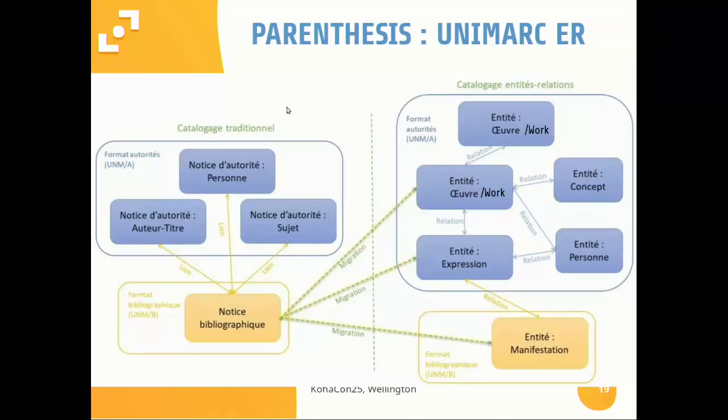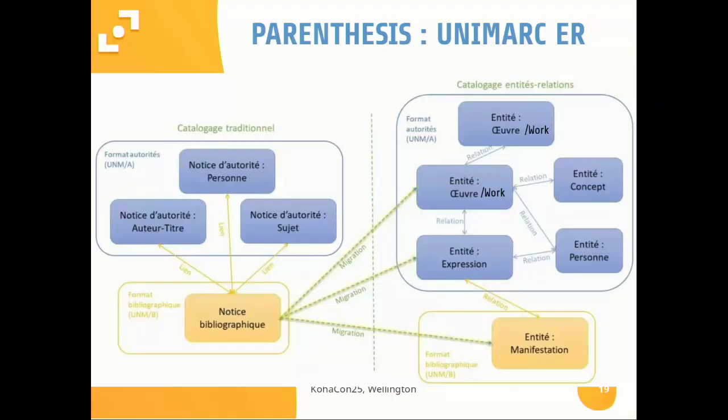We have the bibliographic record, and then we have the authorities for the personal name, subjects, etc. In UNIMARC entity relation, the bibliographic records will be split into one work, one expression, one manifestation. The manifestation will be the bibliographic record, whereas the work and the expression will be authorities.